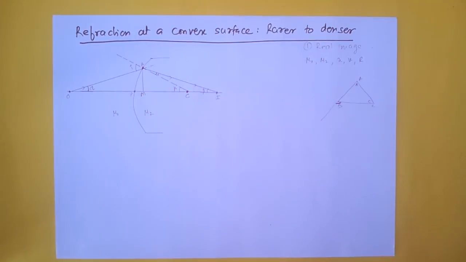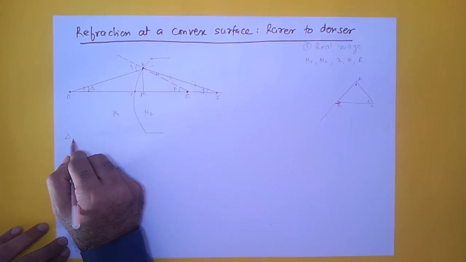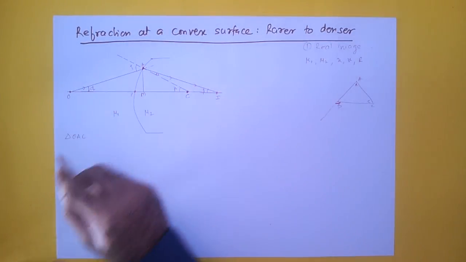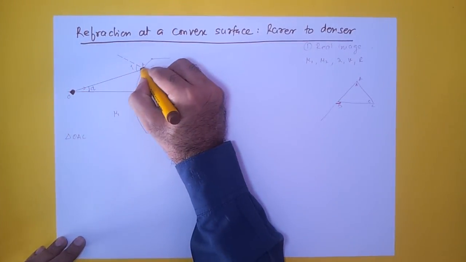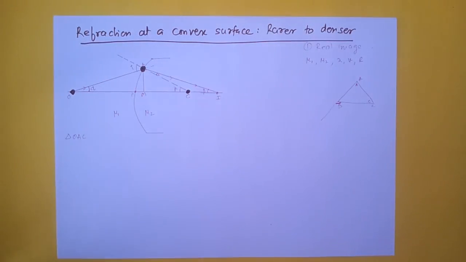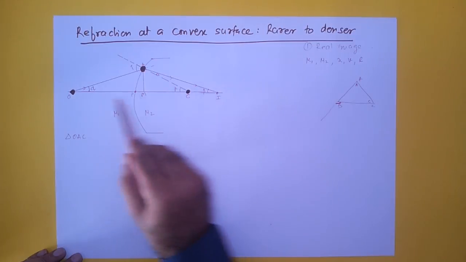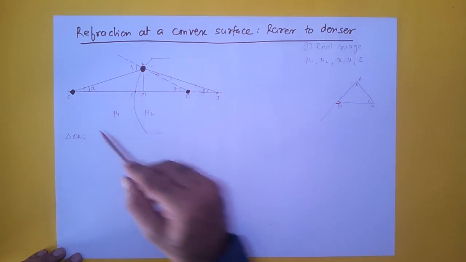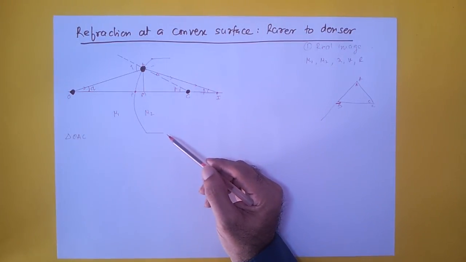Right? So let us first look at triangle OAC. The triangle that I am referring to is this triangle. Now what do we see in this case? What we see is that in this triangle, gamma and alpha are the internal angles. And what is the external angle we are looking at?